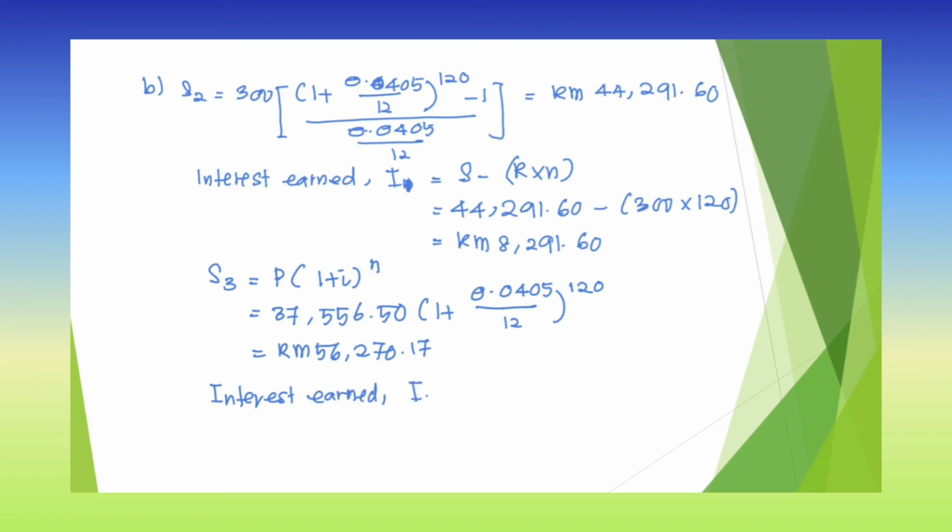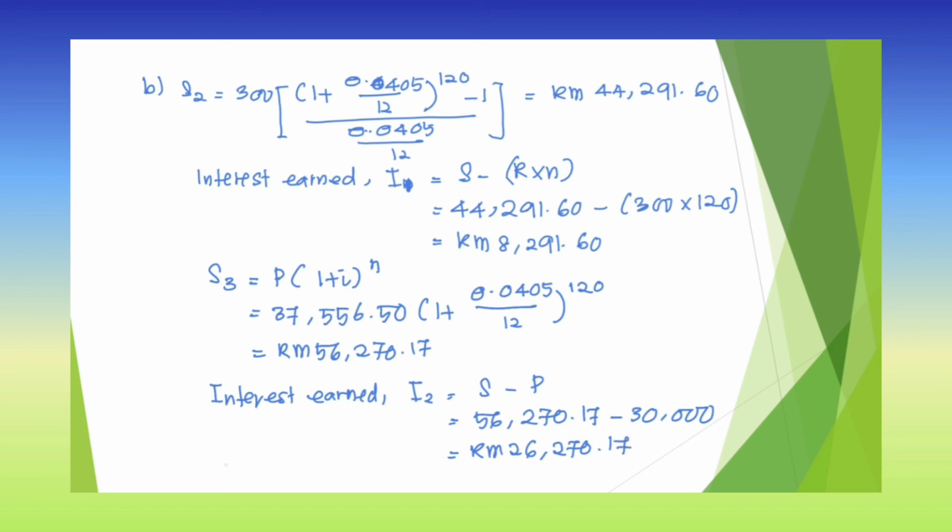So the interest earned for this case, let's say I2, is S minus P. S here is 56,270 and 17 cents minus the original principal, which is 30,000. So the interest earned is 26,270 and 17 cents.